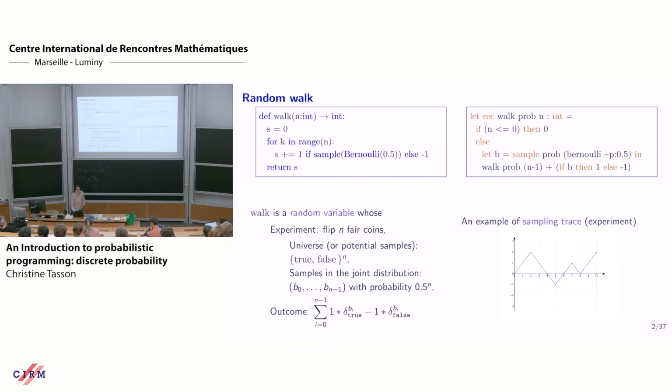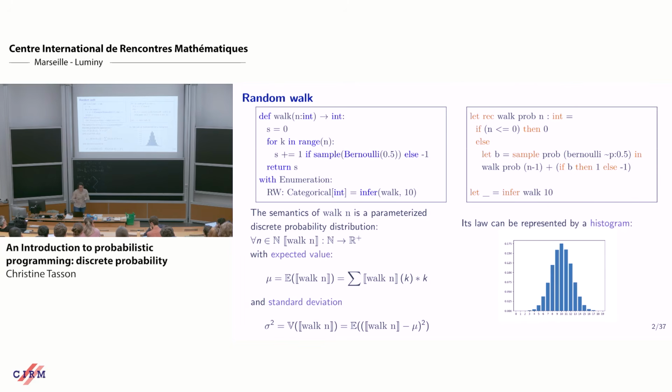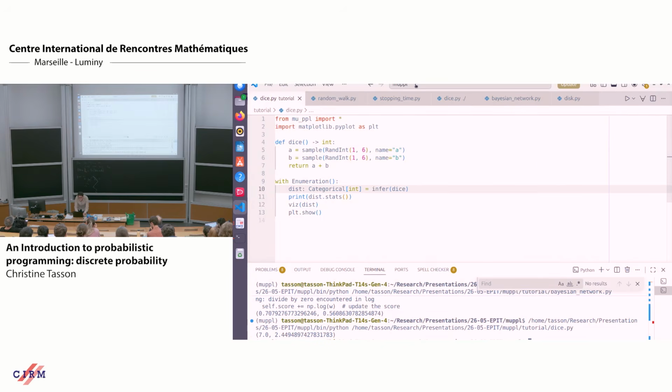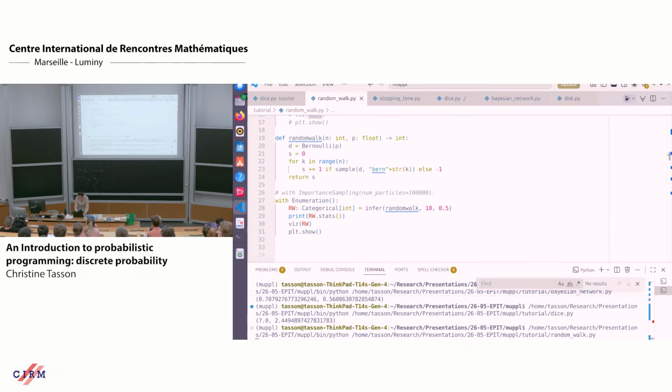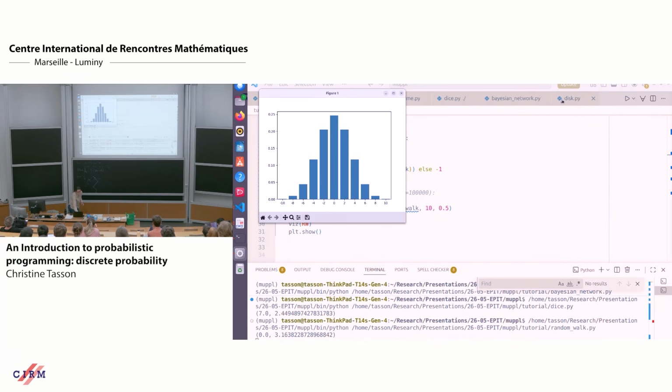Okay. So now I can compute the probabilistic law that is associated to it. How can I do that? I can just run my program. Random walk. And I get this histogram.